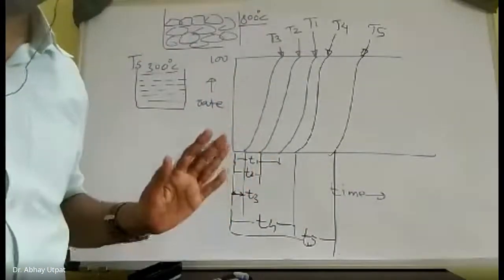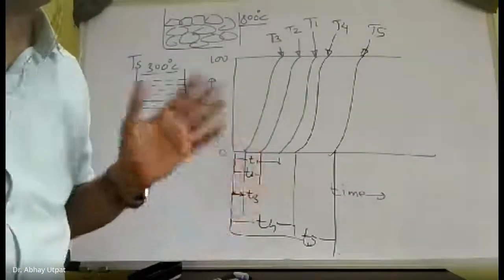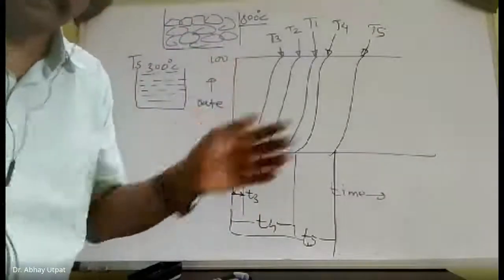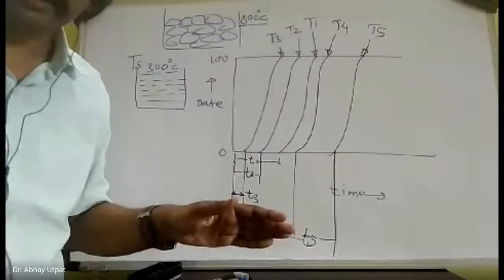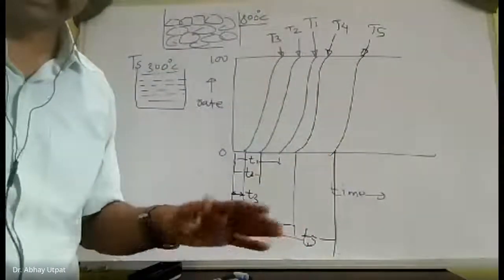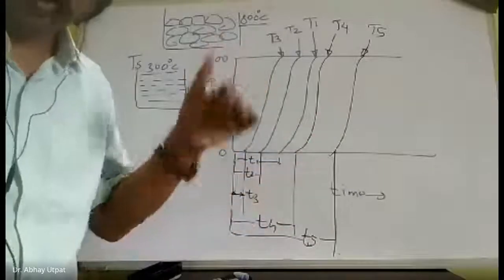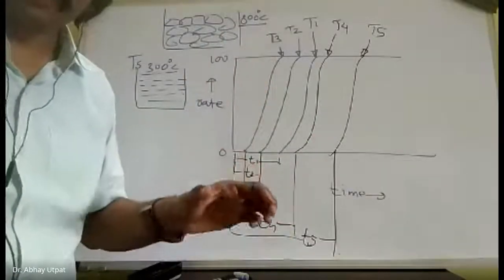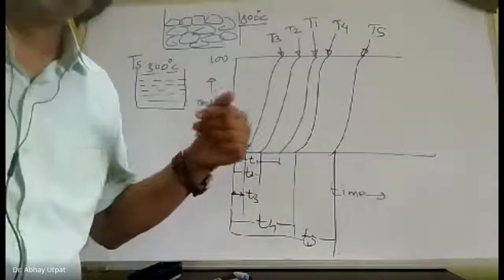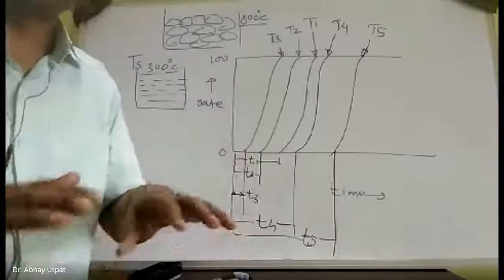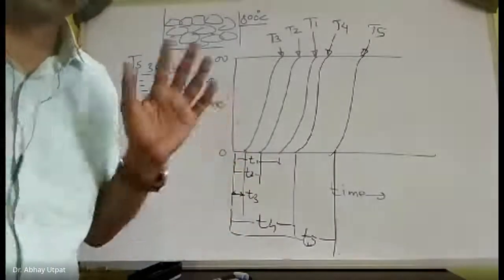Why this is happening, that I am going to explain to you in the next lecture. Only remember, I am going to repeat the statement. As temperature of cooling decreases, incubation period decreases, rate of transformation increases. But at lower temperature, reverse effect takes place and incubation period increases and rate of transformation becomes slower. And why it is happening, that reason I am going to explain to you in the next lecture.